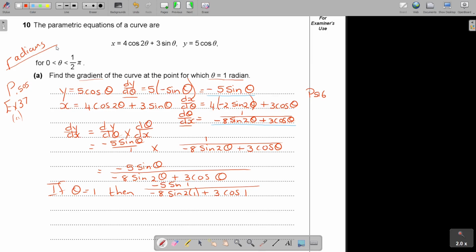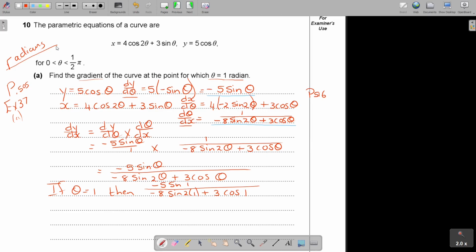We can keep it. So negative 5 multiply sin 1 divide bracket negative 8 multiply sin 2 plus 3 multiply cos 1 close the bracket equal.